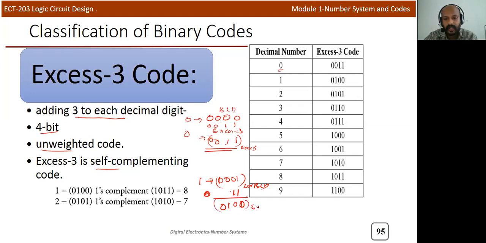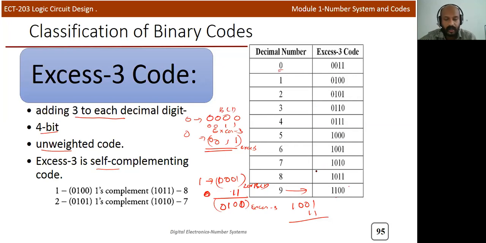Actually, this is the XS3 code which represents 1. And finally, if you take 9, 9 is actually 1001, and we will add 3 to that, so we'll get 12. If we take any value, there will be a plus 3. So this sequence is known as the XS3 code.